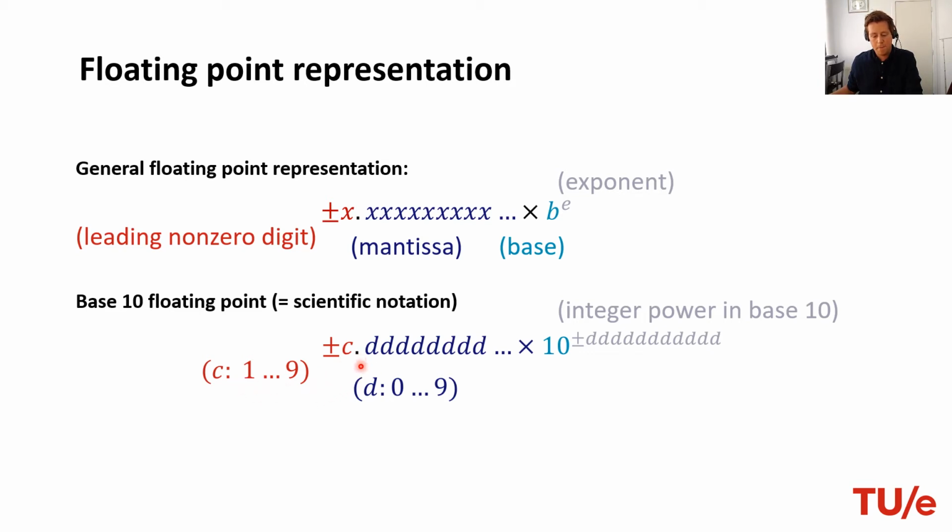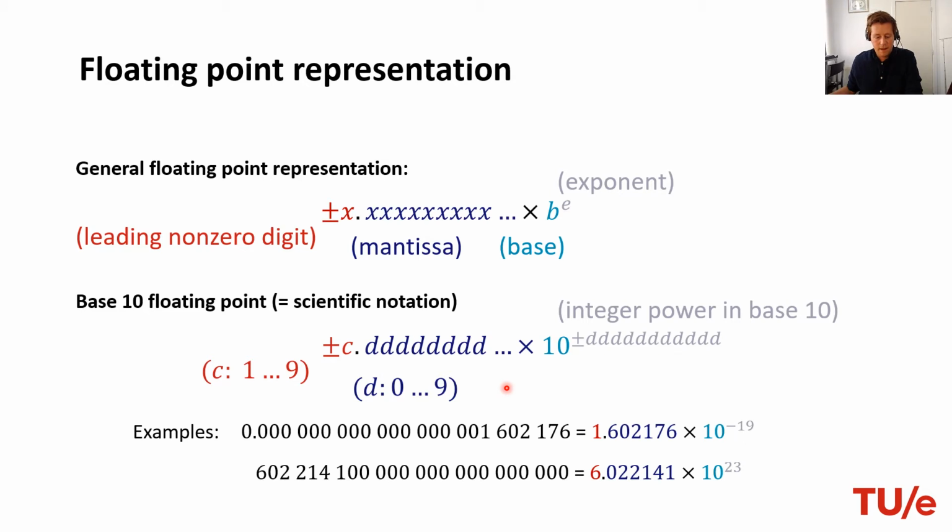We can have a mantissa, which can be a very long mantissa, which also has in every position a number from 0 to 9. Note that the leading digit cannot be 0 because it's the leading non-zero digit. Then we have times 10 to a certain power, and this is an integer power in base 10.